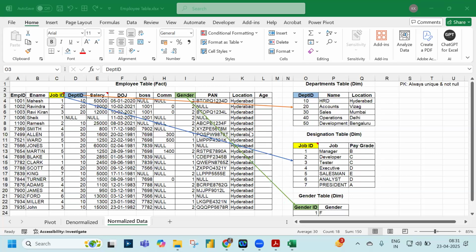Yes. Possible, yes. A foreign key can have nulls. If you look at the department ID, it is null. You get a question, how come a foreign key can have a null? Simple. Let's say there is an employee joining and we haven't decided yet to which department we want to align that person. So we can leave that null. So it's not mandatory that a foreign key must always be not null.